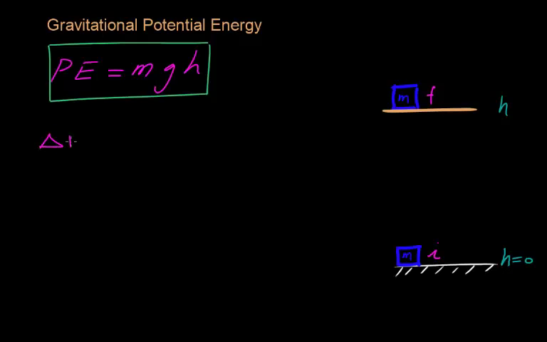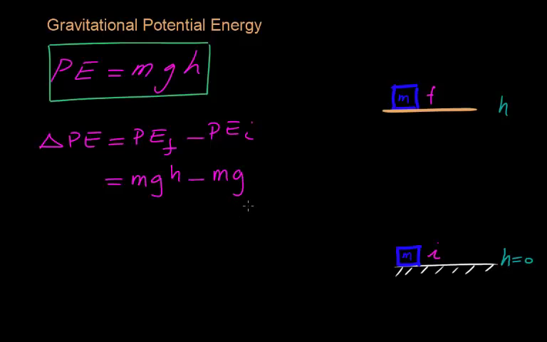Delta PE equals final minus initial. Remember, delta always means the change, final minus initial. Alright, the final is where the object is on the table, is the mass of the object, gravity, height final, which is h, minus mgh initial. mgh initial is 0.